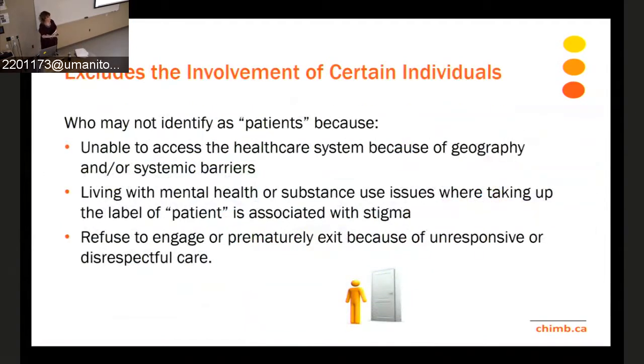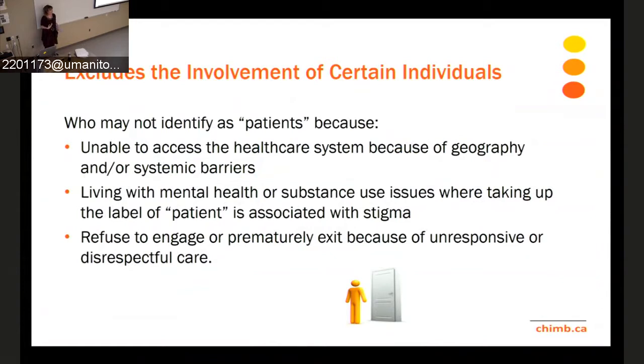And oftentimes it excludes a lot of different voices. It excludes people who don't identify as patients because there are people who are unable to access the healthcare system because of geography or systemic barriers. And by systemic barriers, I mean things like colonialism, racism, sexism, homophobia, transphobia, ableism, sizeism, classism as well.